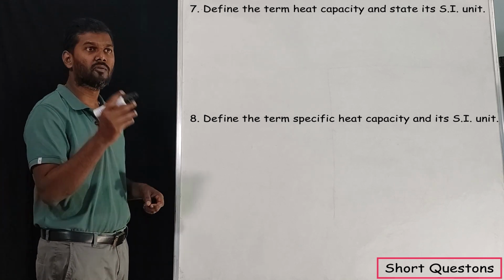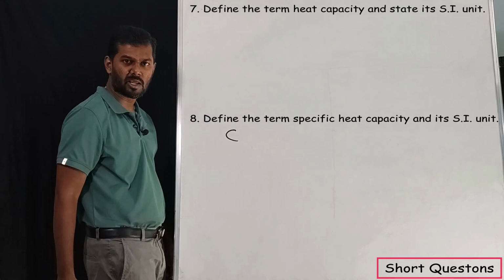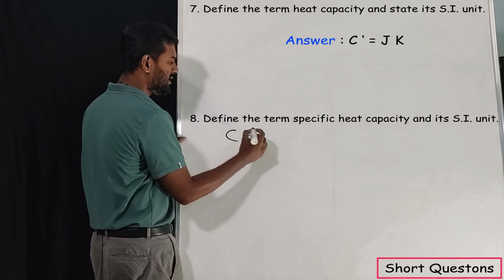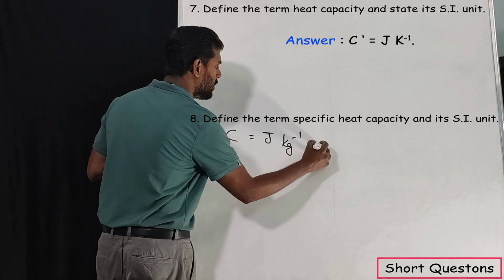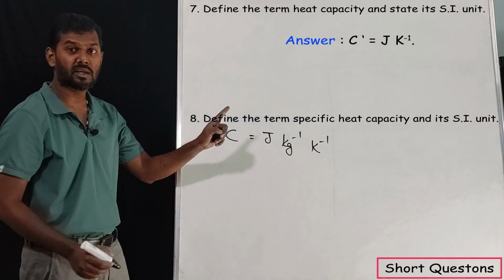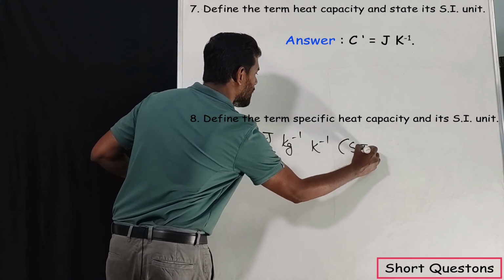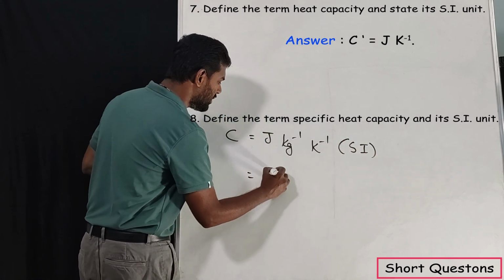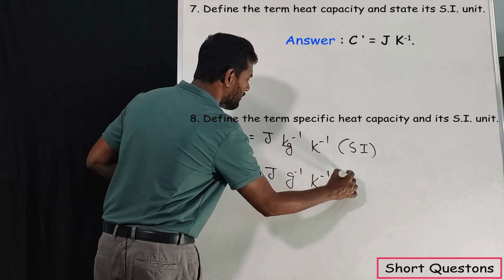There are two units when it comes to specific heat capacity. The symbol for specific heat capacity is C. C is equal to J per kg per Kelvin. This is the SI unit. If they are asking for the CGS unit, it will be joules per gram per Kelvin.